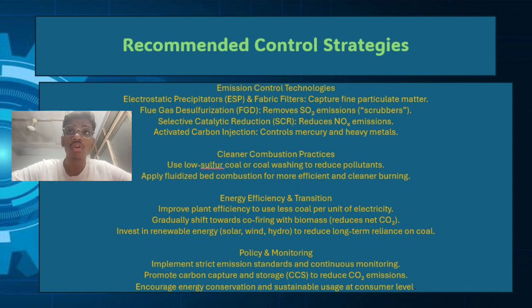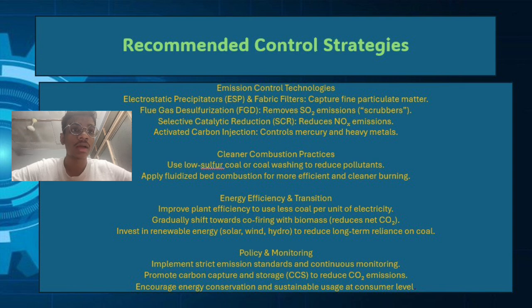As a conclusion, coal combustion poses serious environmental and health risks due to its air pollutant emissions. However, with the adoption of advanced emission control technologies, cleaner combustion practices, and gradual integration of renewable energy, it is possible to meet both energy demands and sustainability goals.